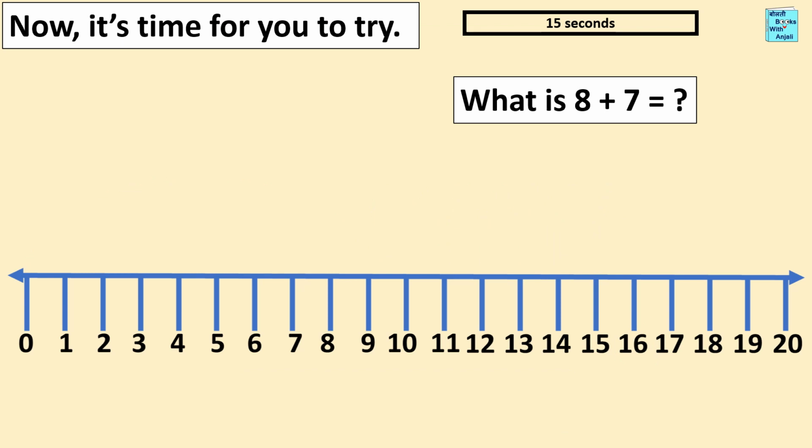Now try to solve few questions on your own. 8 plus 7 is equal to what? At what position the person will stand? How many times the person will jump? And in which direction that person will jump?